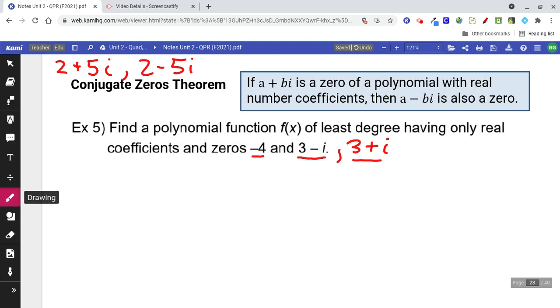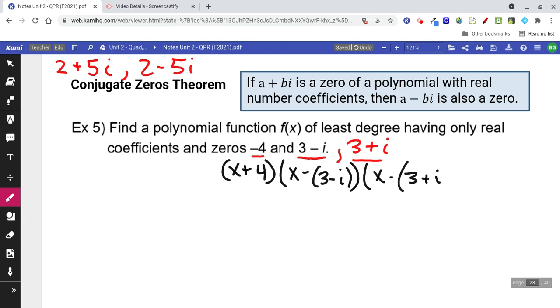So the first one's easy. The real number negative 4 comes from a factor x plus 4. After that, you've got x minus 3 minus i and x minus 3 plus i.